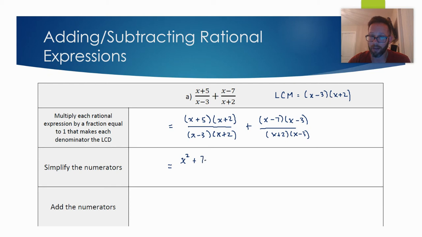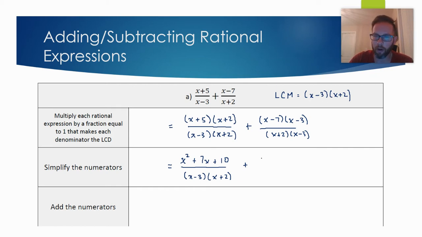That gives you 7x. At this part in your math careers, it's reasonable that you can do FOIL pretty efficiently and accurately. And on the bottom, usually we leave the bottom as factored. We don't need to expand the bottom. There are reasons for that. One is it's easier to spot restrictions, but there are other reasons you'll see in later courses.